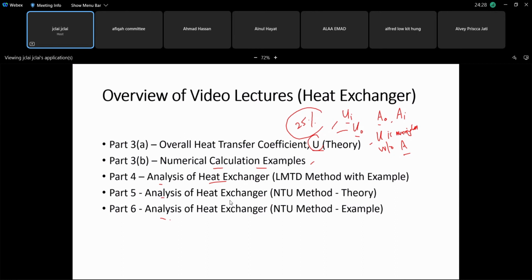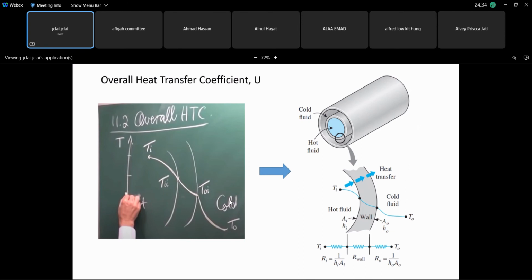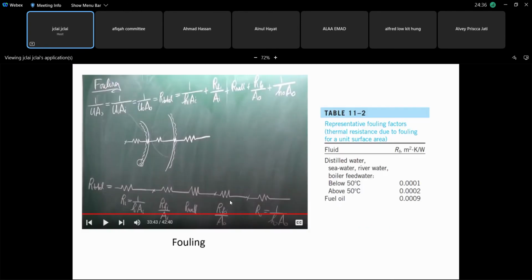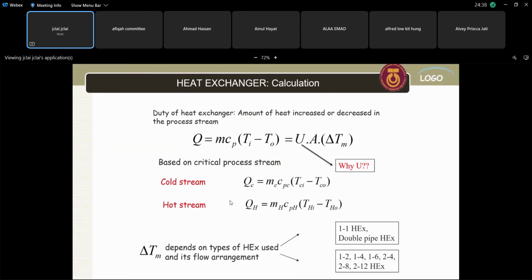What does it mean by analysis of heat exchanger? It simply means this. Let me show you. We know that for a heat exchanger, heat transfer Q is the amount of heat transferred in the heat exchanger.